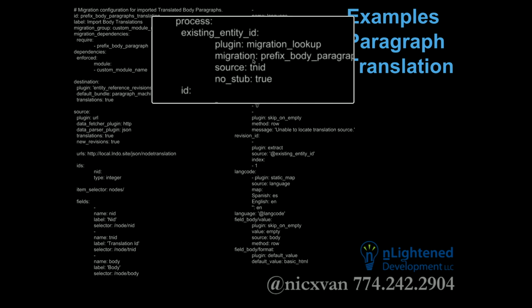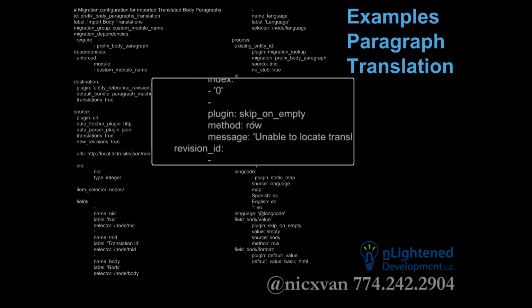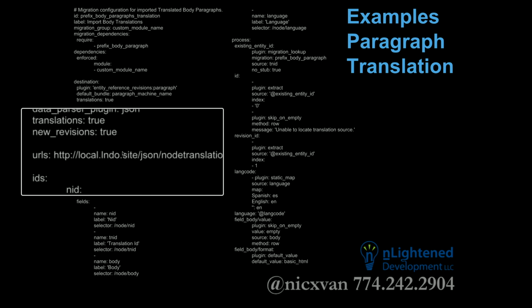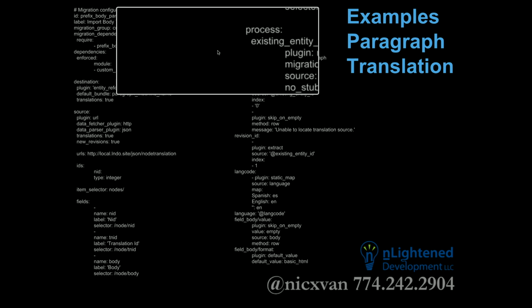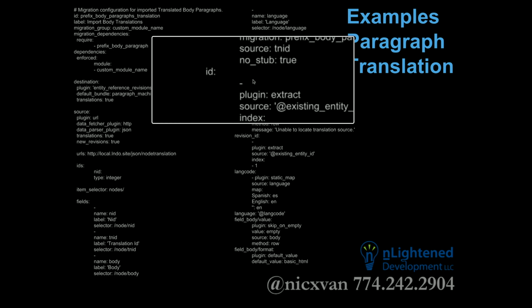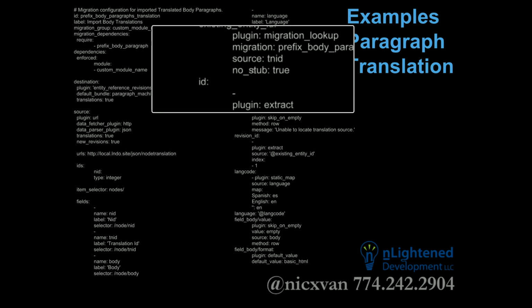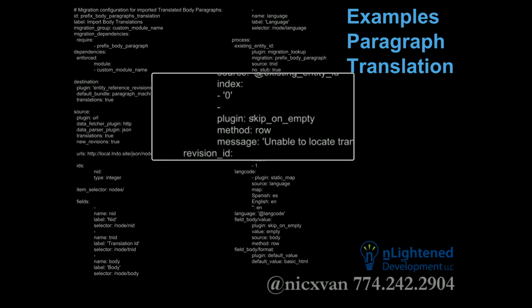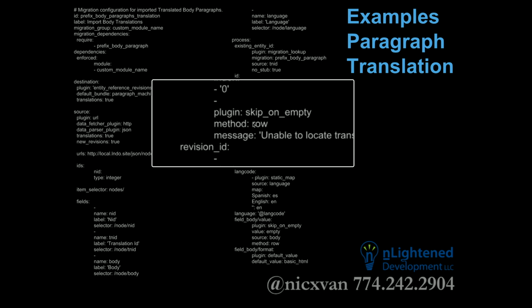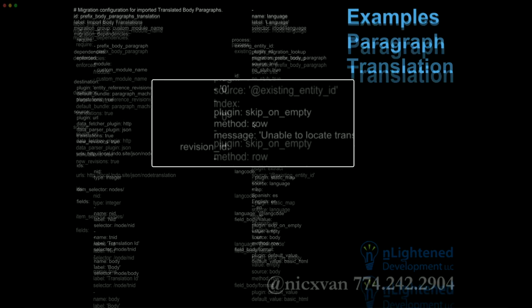This does a lookup against the translation ID. And then this is a case where you will assign the ID manually, even if you're generating new IDs. So what this is basically doing is looking up the previously created entity and then assigning the same one and assigning the new revision ID with the new translated piece of content.